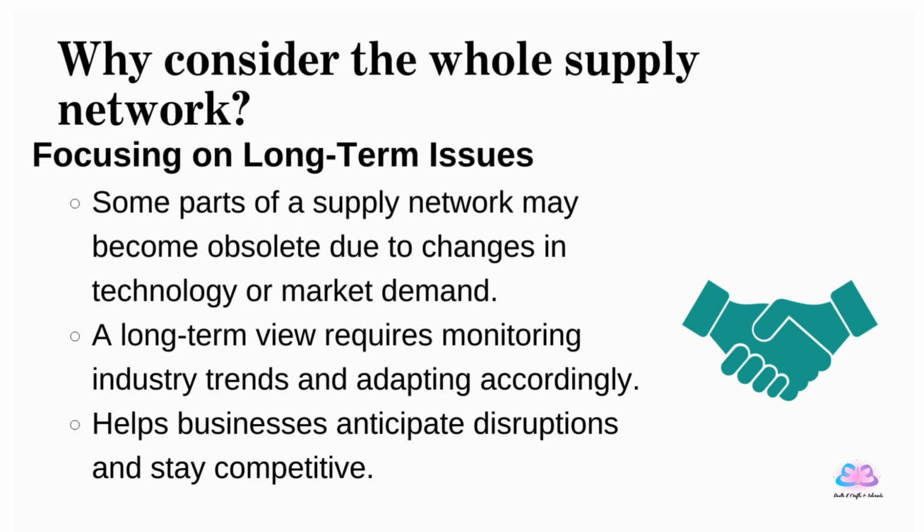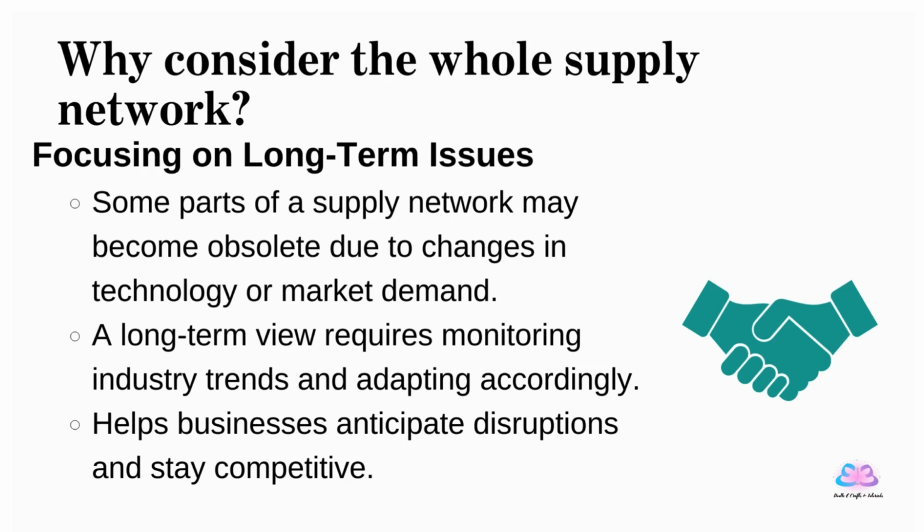This can happen due to technological advancements or shifts in customer preferences. A real-world example is that traditional music stores were once an essential part of the music industry. However, with the rise of digital streaming services, their relevance declined significantly, forcing many out of business.